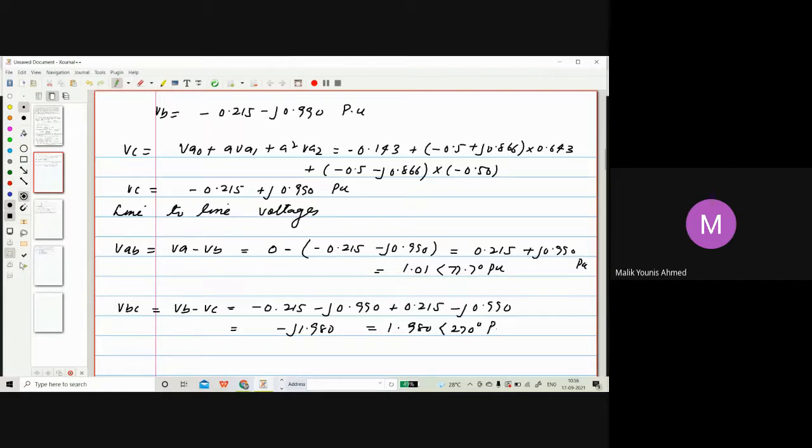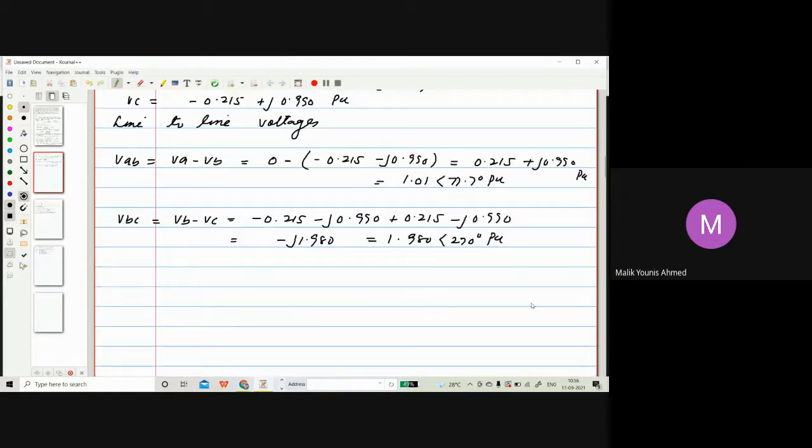Similarly, line C to A, VCA can be written as VC minus VA. What is VC? VC is minus 2.15 plus j0.990, and minus VA is 0.